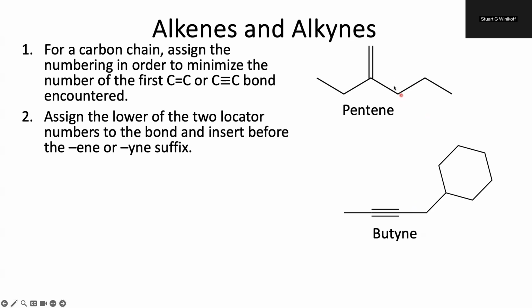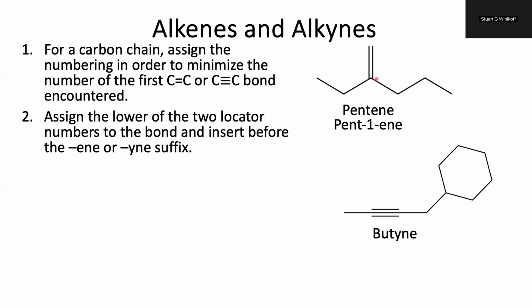So let's go ahead and start by looking at this pentene. I could start the numbering here near that double bond or further away. If I start here, I get to assign that 1 number. And here, I wouldn't get to assign a number till 1, 2, 3, 4. So pent-1-ene will have the benefit of the doubt.